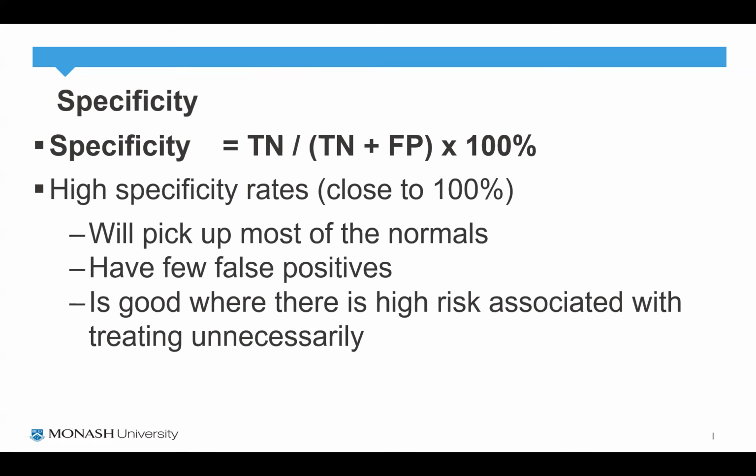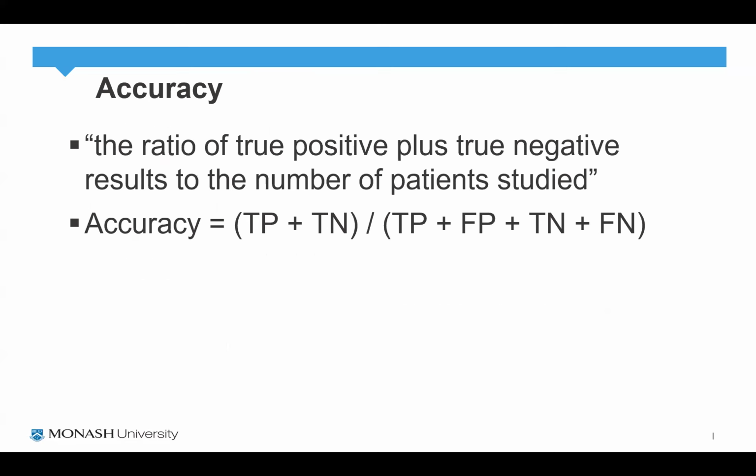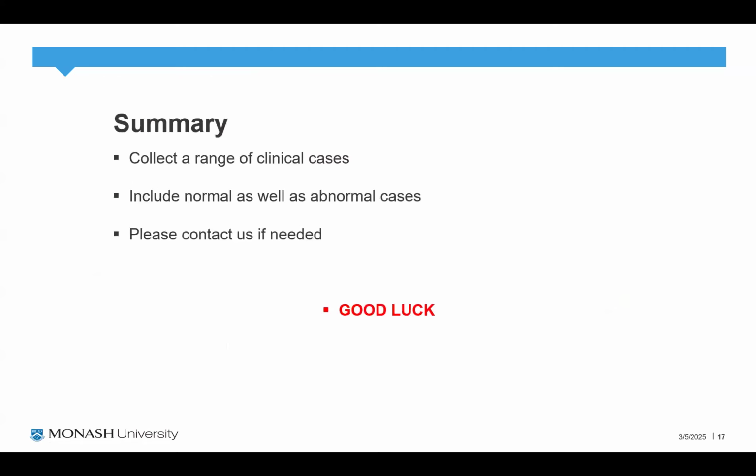So you would like to have few false positives. So accuracy is the overall ratio. Basically, it's the true positives and true negatives. So it gives an overall ratio of how well you are at identifying both abnormalities and normal cases.